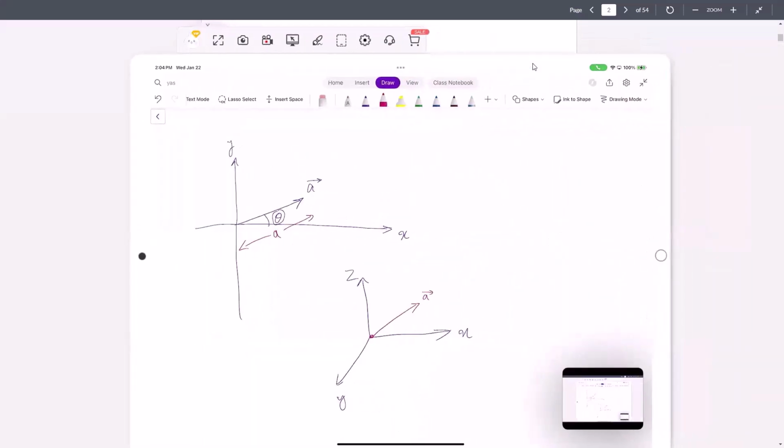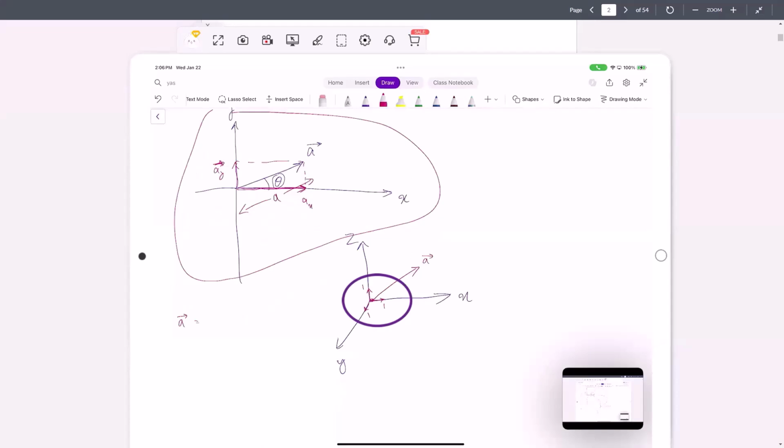So what does ax mean? The projection of A over the x-axis would give you this vector, which you call ax. And the projection of the same vector over the y-axis would give you ay. Same thing for the three-dimensional vectors. Let's call these unit vectors i, j, and k. So if you have ax times vector i plus ay times vector j plus az times vector k, you should be able to find your total A vector.